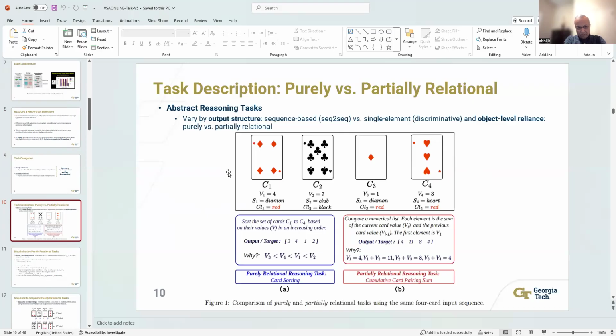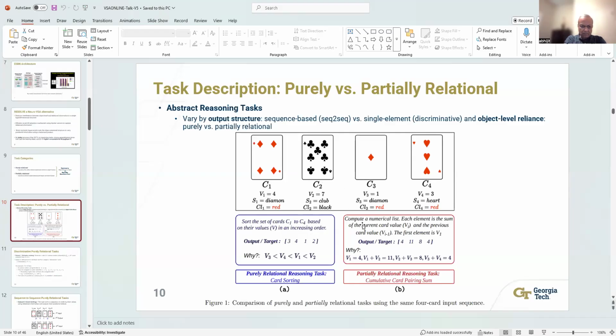So the output should be 1, and then 4, and then 3, and then 4, and then 7. Now, the output itself is the position of this card. So here, the value 1 corresponds to position 3, then card 3 corresponds to position 4, and then 1, and then 2.